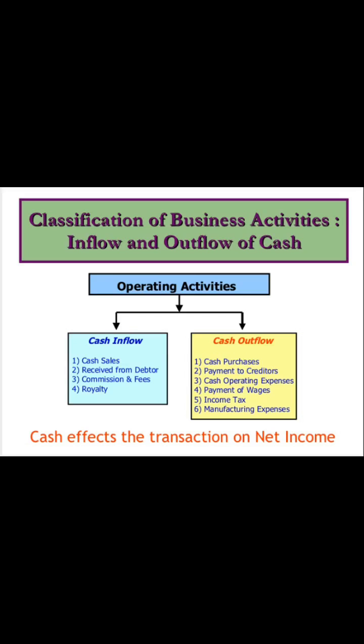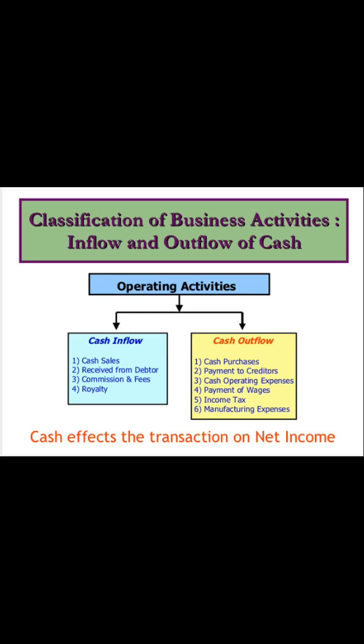This is not a credit sale, this is a cash sale. But if a firm had done a credit sale, then of course there would be debtors, and in case the debtors made payment for their credit sale, then also the cash is increased in the firm, or we may say it would be a cash inflow.